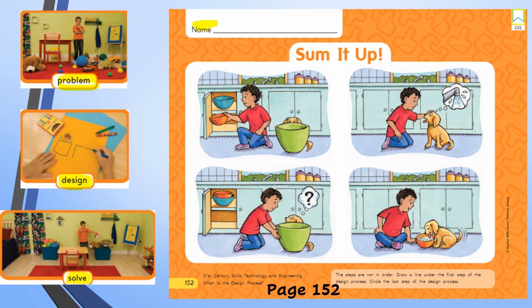Put a circle around the picture that shows the solution. So we're going to underline the problem, all right, what the boy needed to fix, what he needed to take care of, and we're going to circle the solution, what the boy did to fix this problem. All right, once you're done, that's all for your science today.